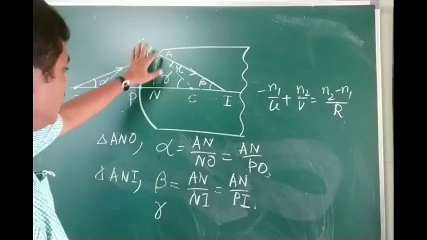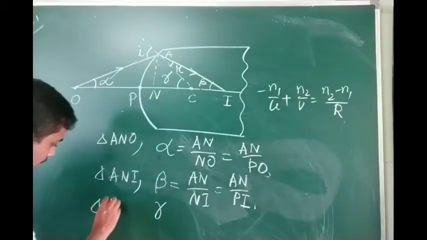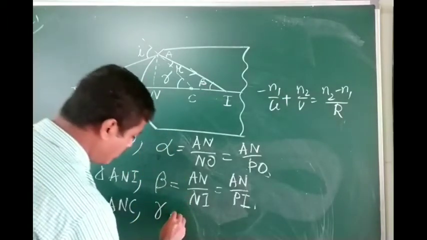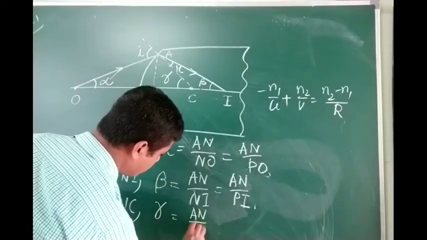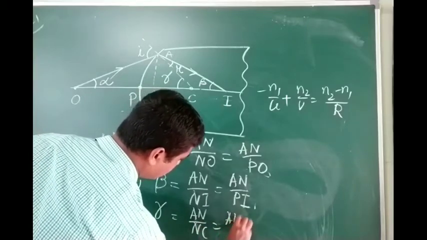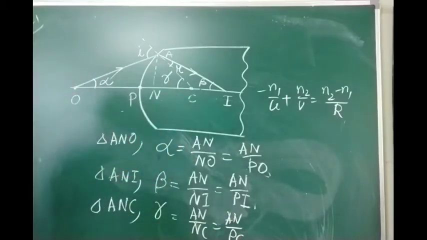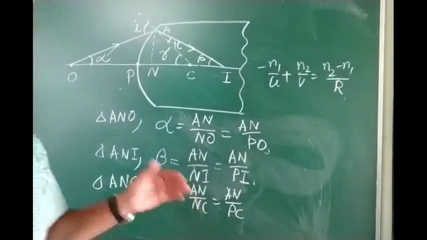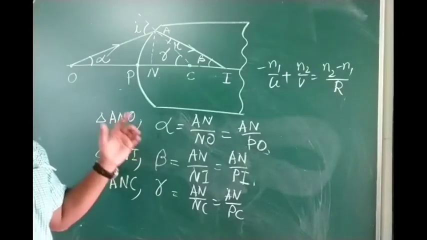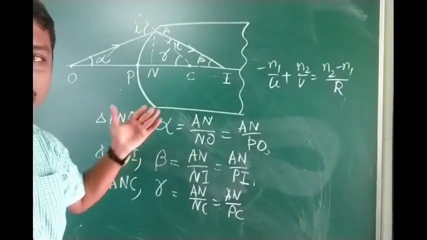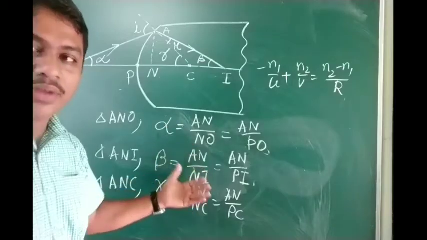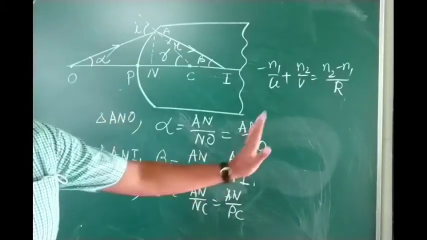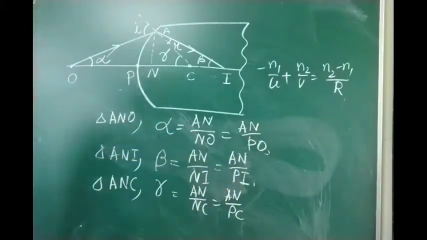If I use the triangle ANC, gamma will be equal to AN by NC, or we can write AN by PC. So these are the values that we have got. Alpha, beta, gamma we have got. Now we need to put these values in equations 1 and 2. So pause it, draw the diagram, write the values, and proceed to the next step.